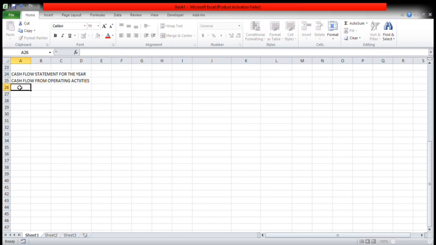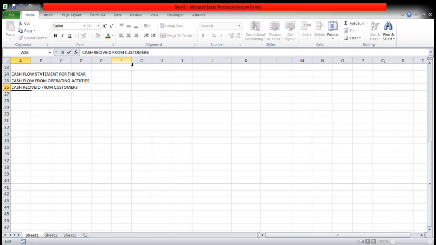So under the cash flow from operating activities, that's where we are going to have the cash received from clients, customers.